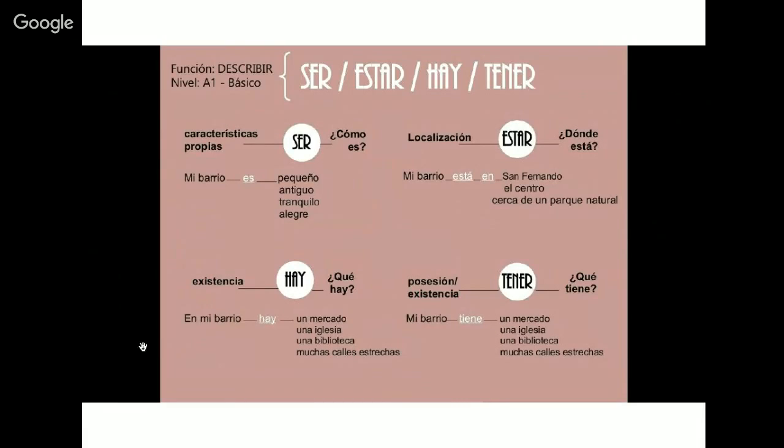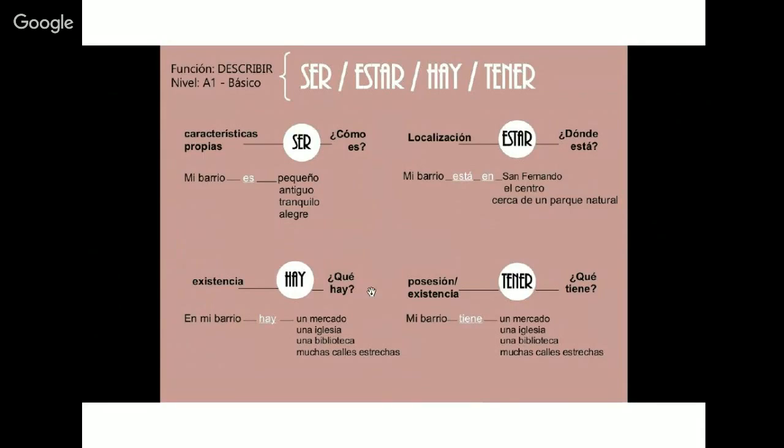And hay talks about the existence of something. So you mention that this thing or this place exists, that it is there. We generally use it to speak about something new, something we haven't mentioned before. Hay is very similar to there is in English.